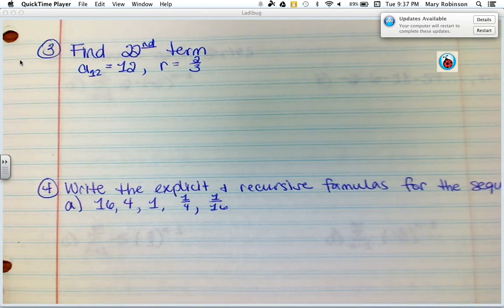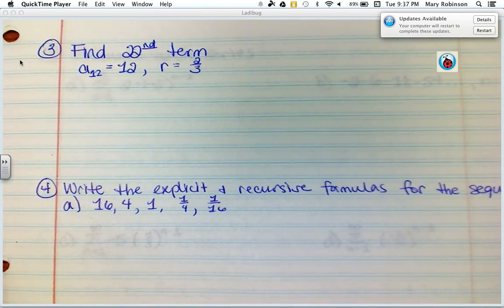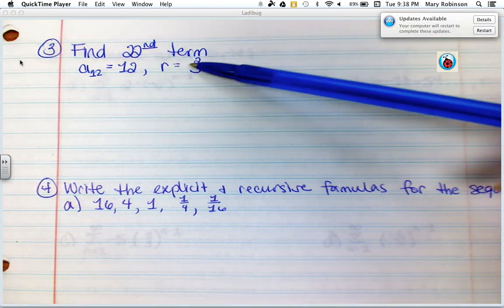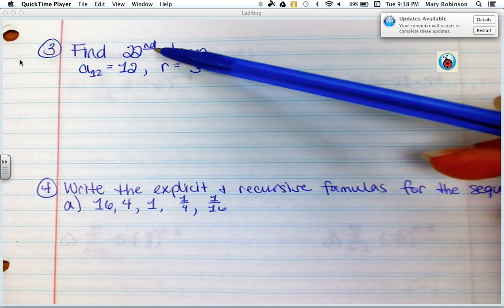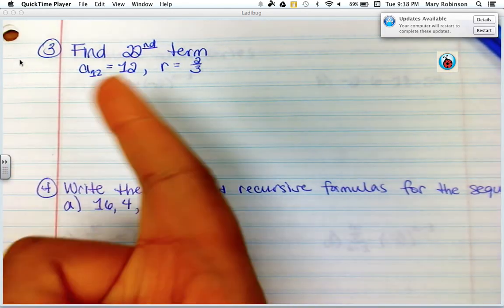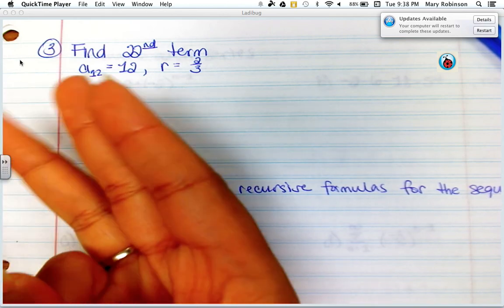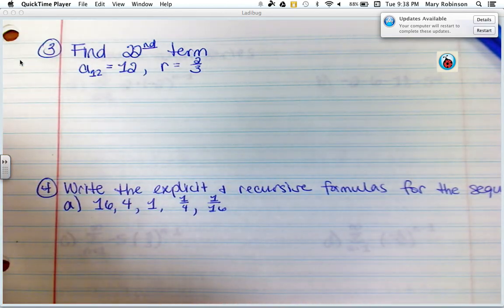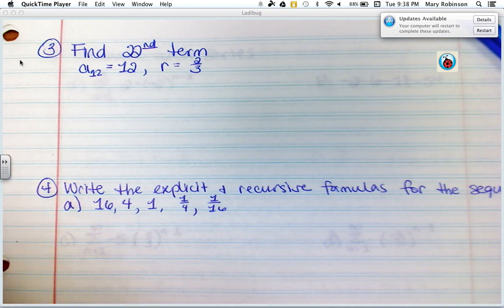Alright, so for number 3 it says find the 22nd term, and they give you the 12th term and the r value. So we're given the 12th term, so we'll have to think, okay, how many more times would I have to multiply by r to get to the 22nd term? So 12, 13, 14, 15, 16, 17, 18, 19, 20, 21, 22.